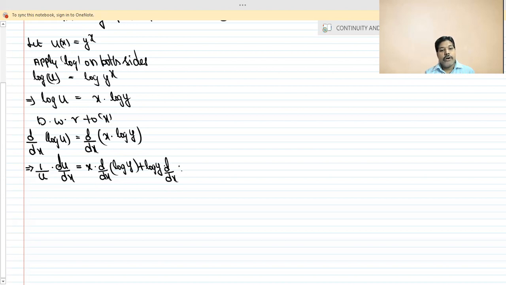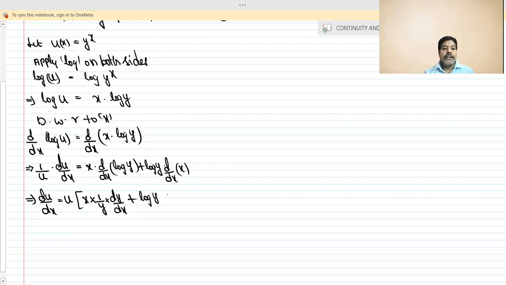Take this u to the other side, then du by dx is equal to u into x into the derivative of log y. What is the derivative of log y? It is 1 by y into dy by dx, plus log y into the derivative of x, which is 1.